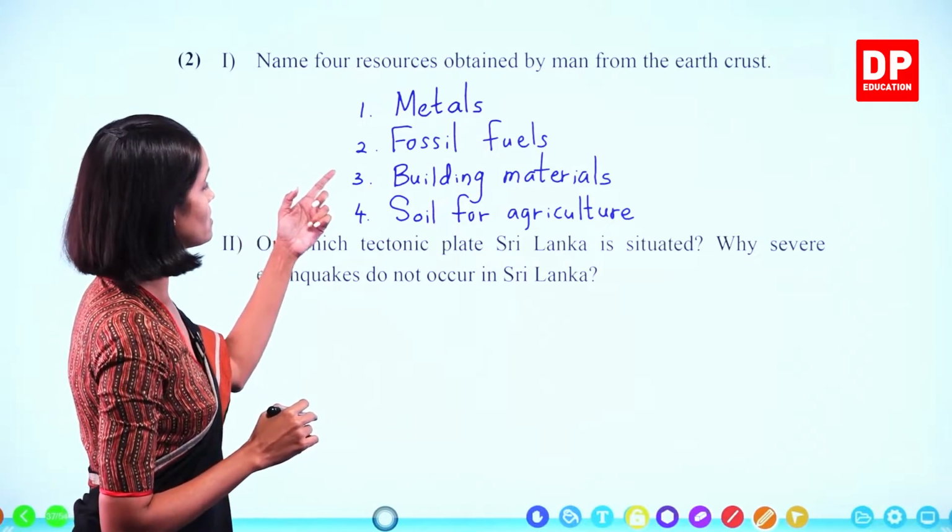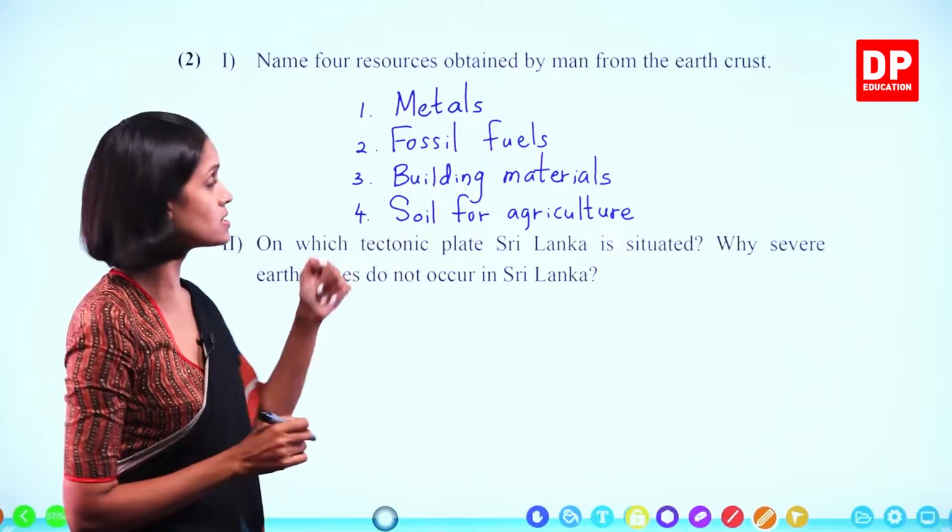Metals, fossil fuels, building materials, soil for agriculture, minerals, right?